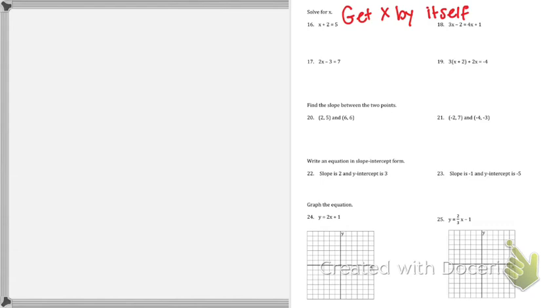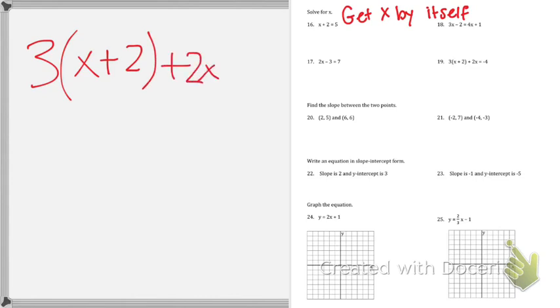So, bear with me. So, number 19. 3x plus 2 plus 2x equals -4.